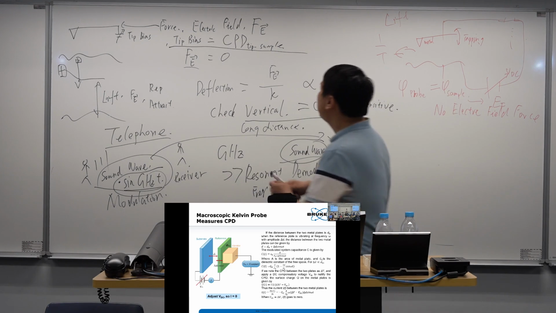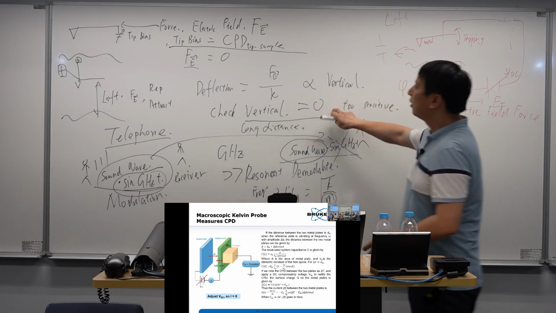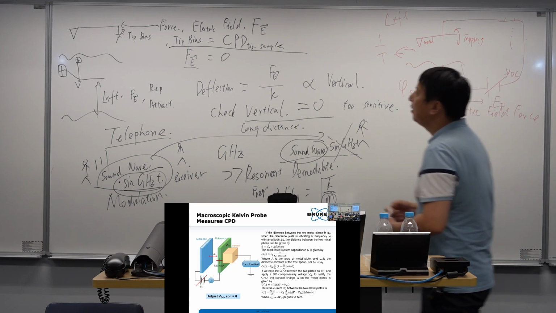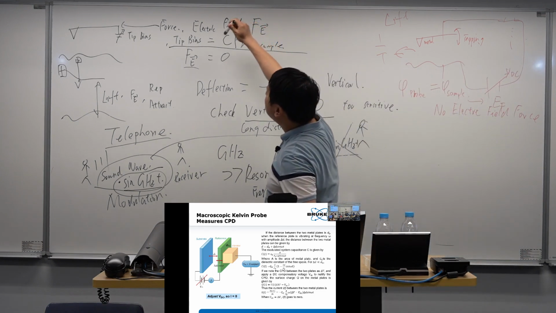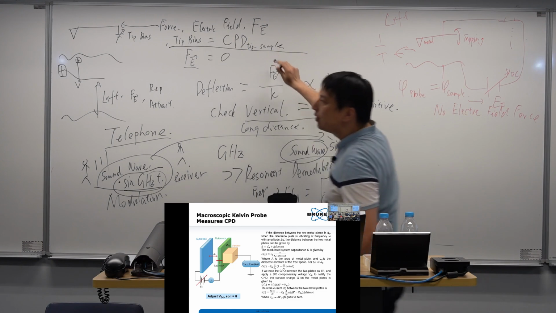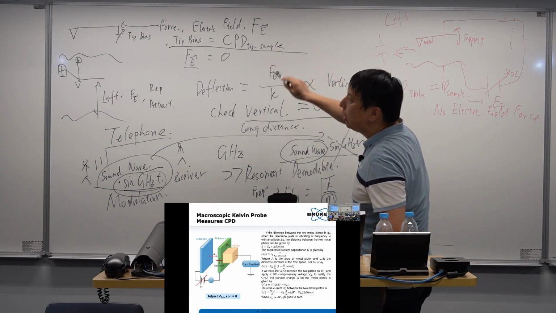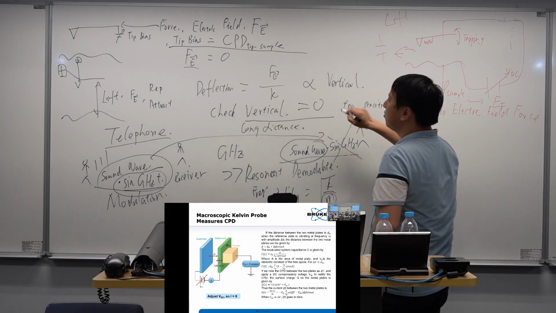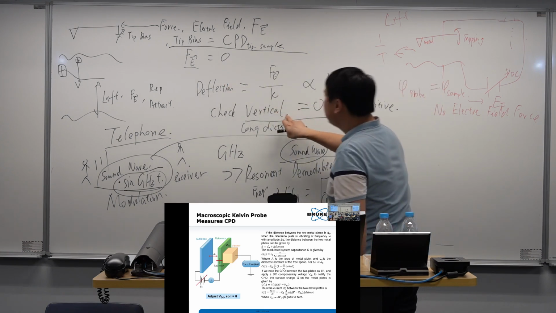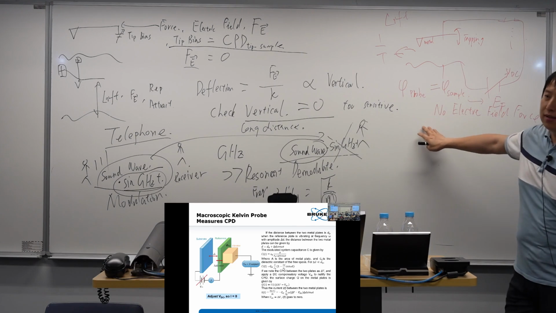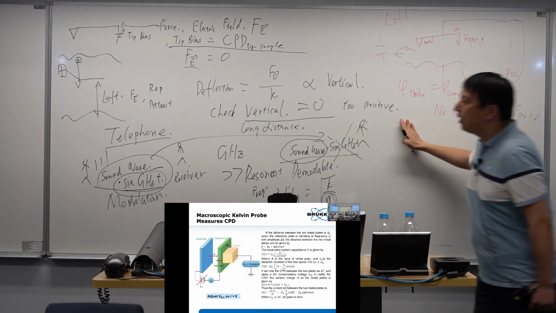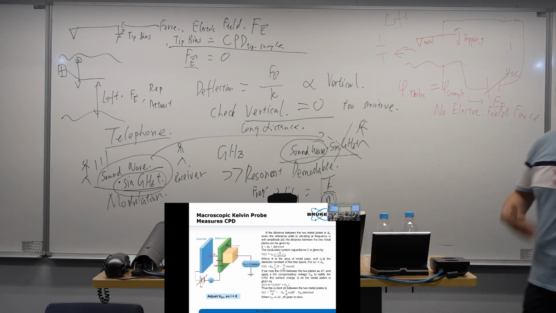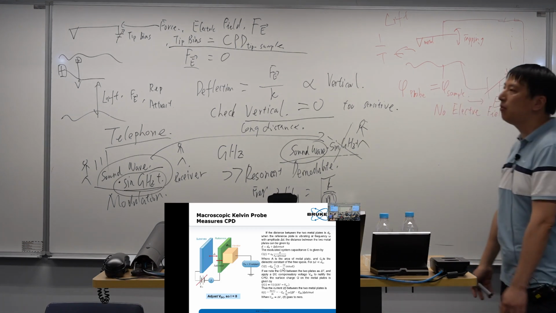So coming back to us. We want to detect the electric field force. And we found that in AFM, the best way to measure it is just to measure the vertical. But the vertical is too sensitive. It can be affected by sound, by vibration, by hydrodynamic force.